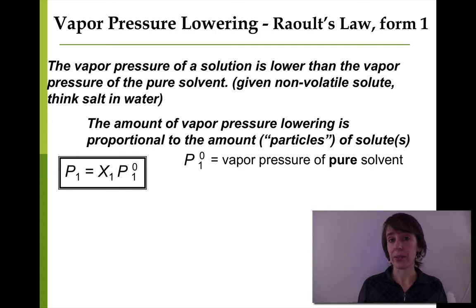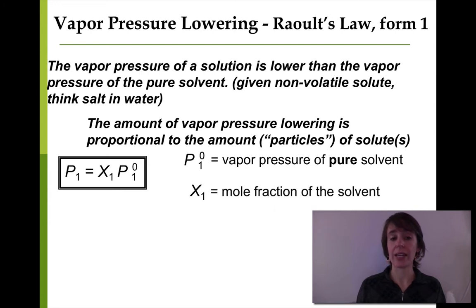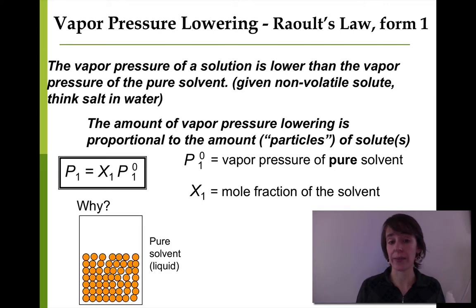There's a formula for it: P1 indicates the vapor pressure of the solution. P1 with a 0 superscript represents the solvent completely by itself, so the pure solvent. And X is the mole fraction. So basically, we're just multiplying the vapor pressure of the solvent in its pure phase by the mole fraction, because that represents how much is actually there.